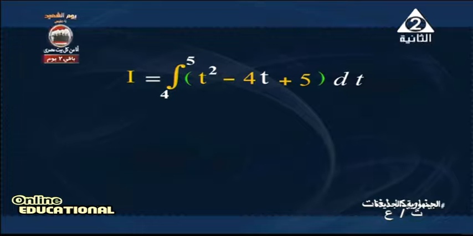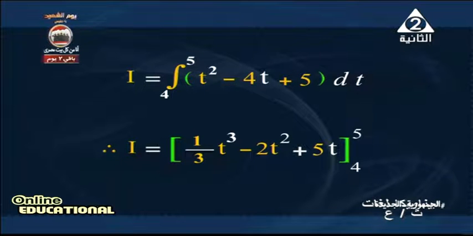Then the integration of t² is (1/3)t³, and the integration of −4t equals −4t²/2, which equals −2t², plus the integration of 5, which is 5t, from 4 to 5.